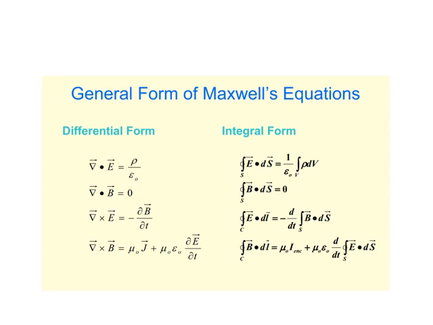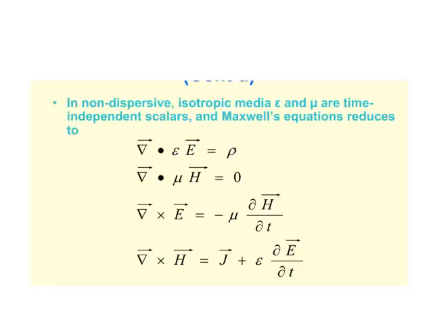using the differential form of Maxwell's equations. So this is another form of representation: del dot epsilon E is equal to rho, del dot mu H is equal to 0. Epsilon is the permittivity.